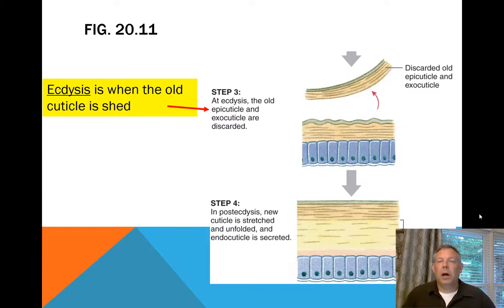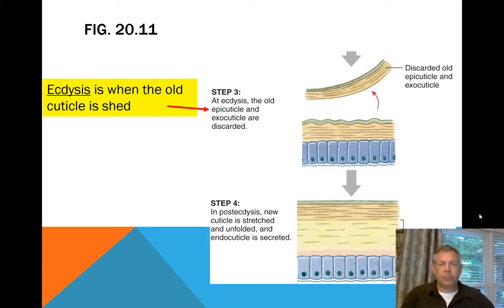At some point, the entire endocuticle has been dissolved and reabsorbed. Then the old epicuticle and the old exocuticle are shed, and that's ecdysis. That's when you get rid of that old exoskeleton.